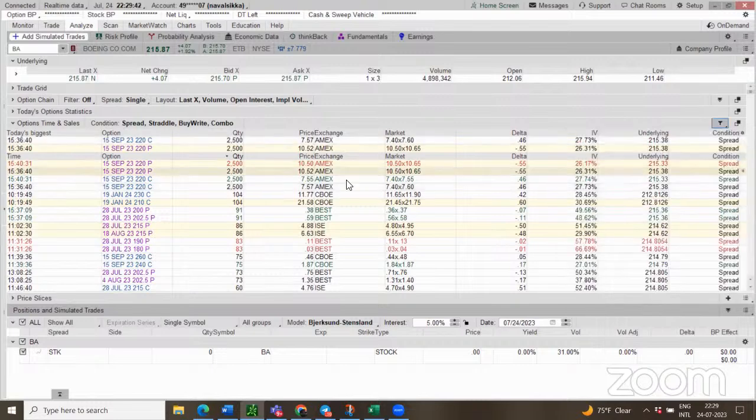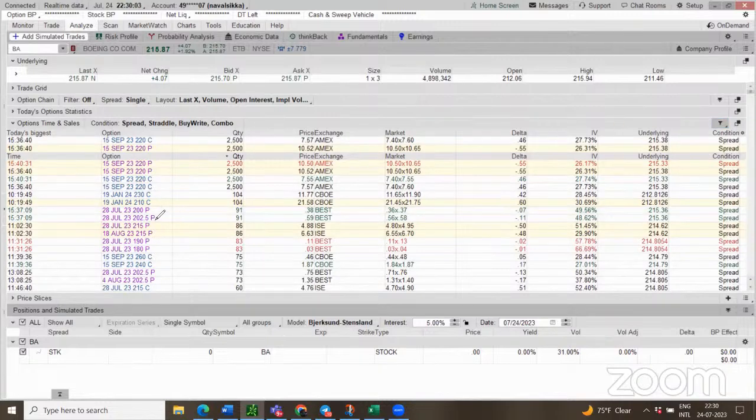Once you do that, you will see that there are trades listed right here. Today's biggest will be on the top, and then you will see based on the size, because I have filtered them on the size. This is the data which comes from the exchange, and it follows the same principle.